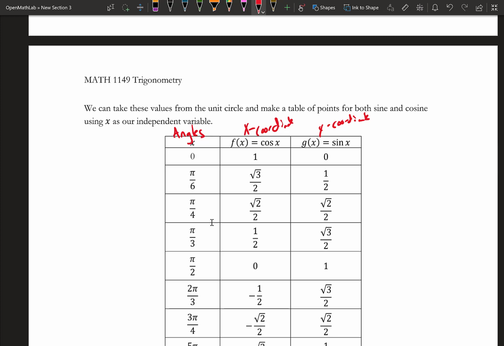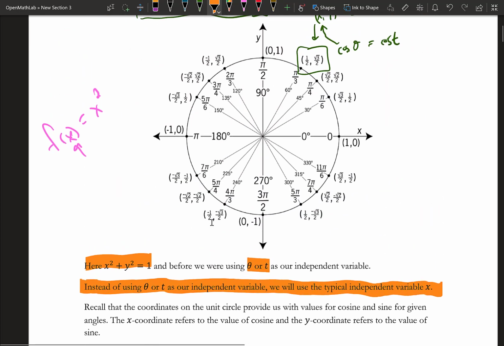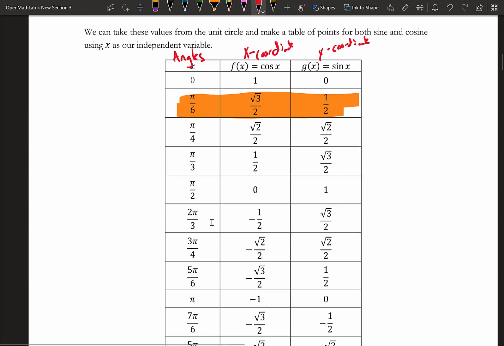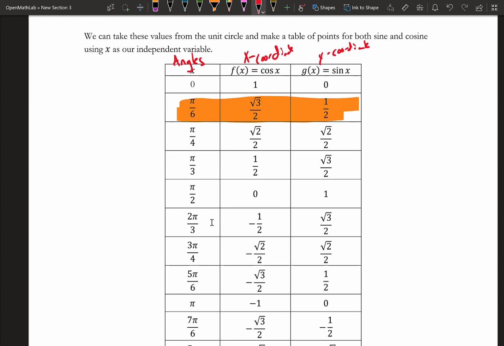For example, if I focus on this row and go back to the unit circle, we're looking at pi over 6. You can see that the x value is radical 3 over 2, so that's cosine, and the y coordinate is 1/2, so that's the output for sine. In other words, the cosine of pi over 6 is radical 3 over 2, and the sine of pi over 6 is equal to 1/2.